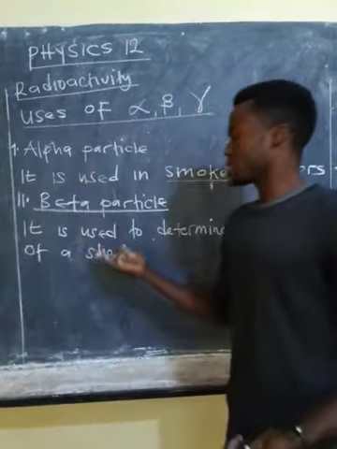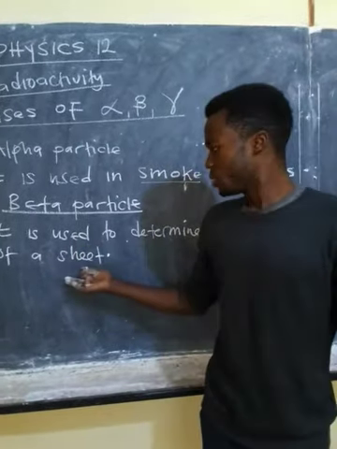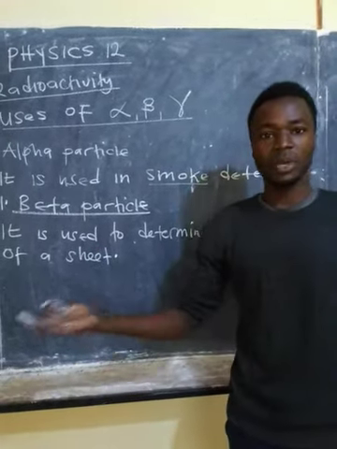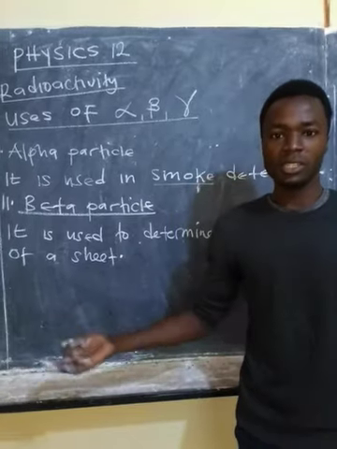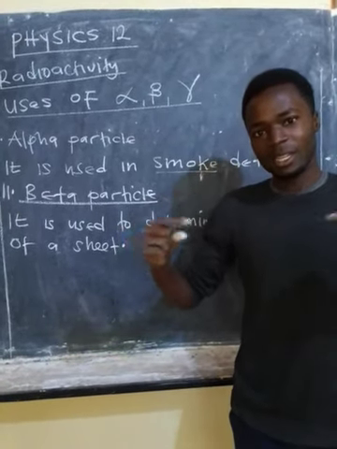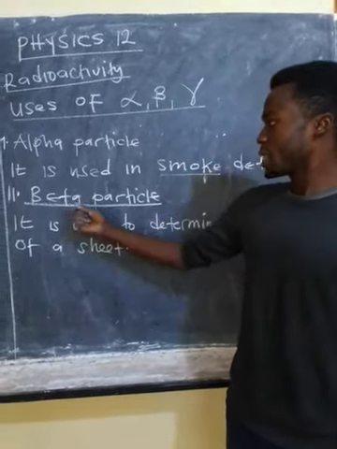So mostly this is the method or technique that they use in the production of paper, in the production of iron sheets, just to determine that thickness. They use the beta particles.